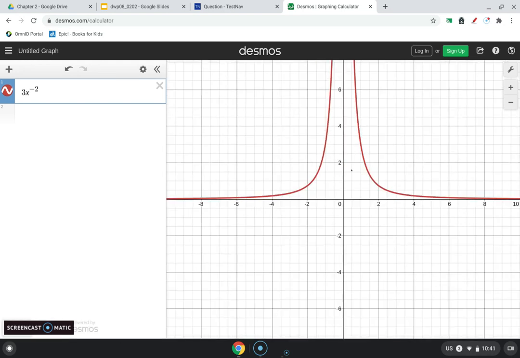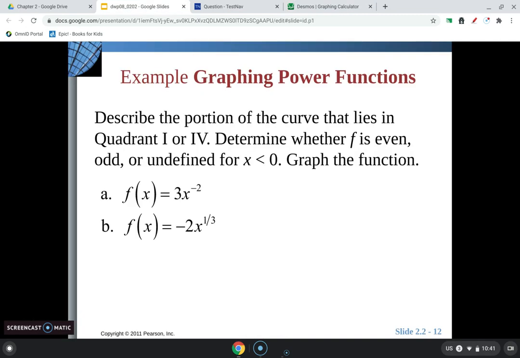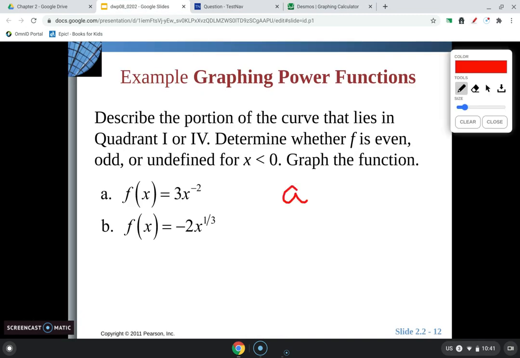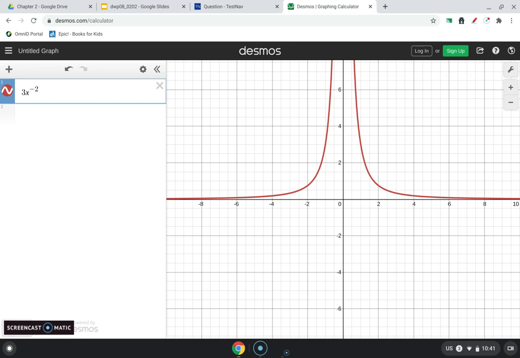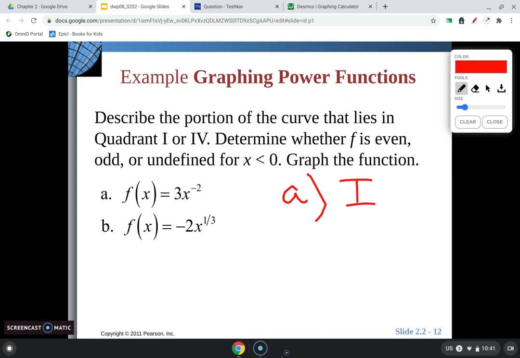So up here is the first quadrant. What do we got going on there? It's quadrant 1 that we're worried about. Is that even, odd, or undefined? Well, it has y-axis reflection, so it's even. And then last but not least, graph it, and we did.